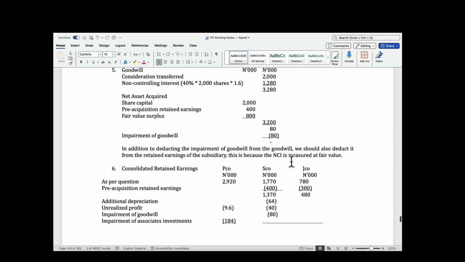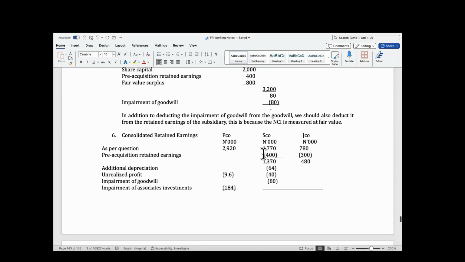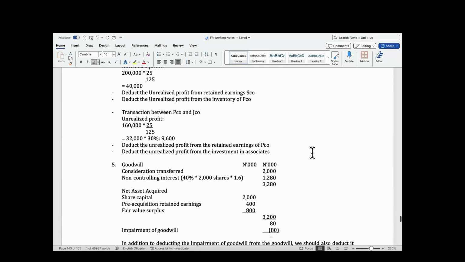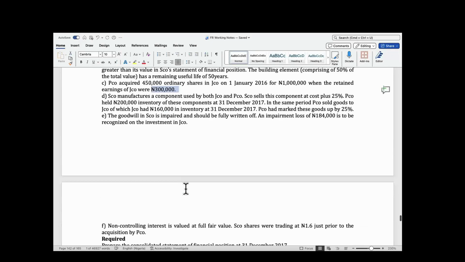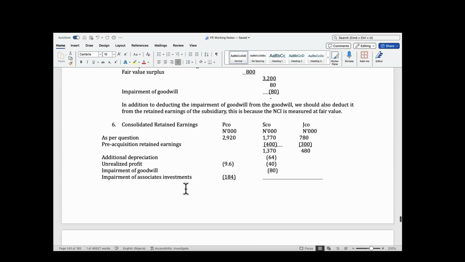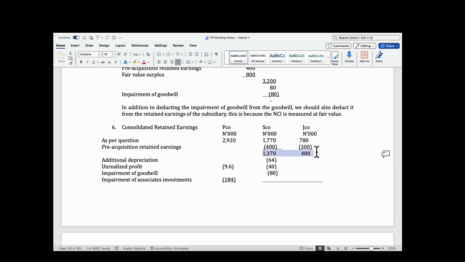So I remove all the pre-acquisition retained earnings: that of subsidiary 400, that of associate 300. Those are pre. We need to remove that so that we are left with what we can share.